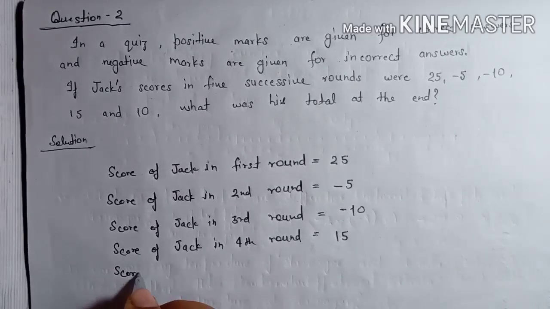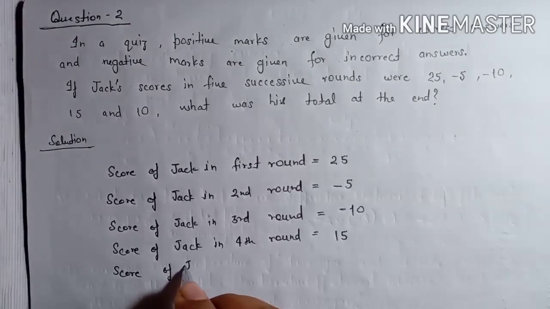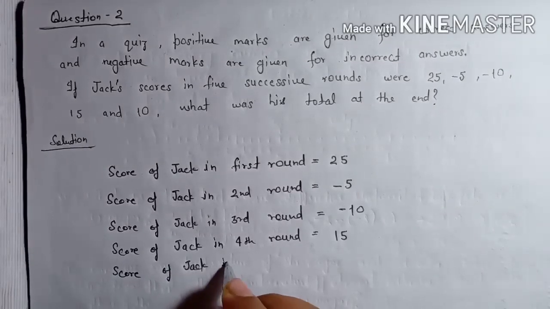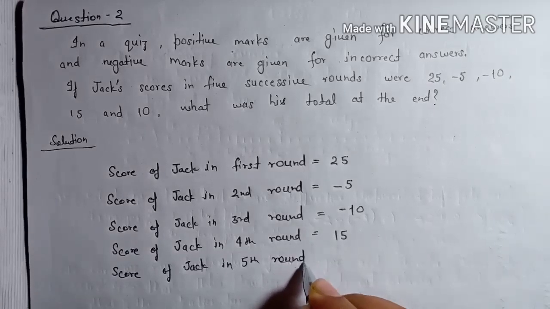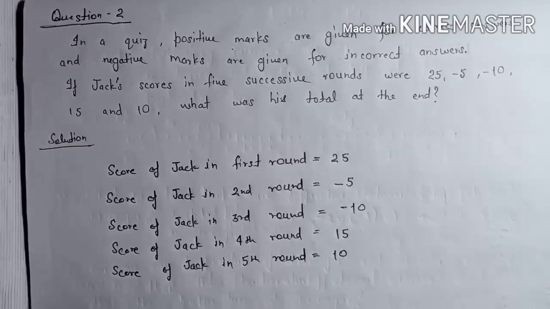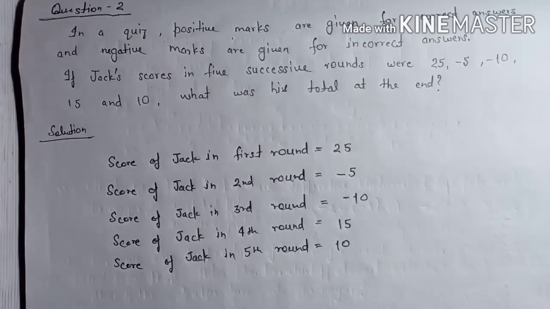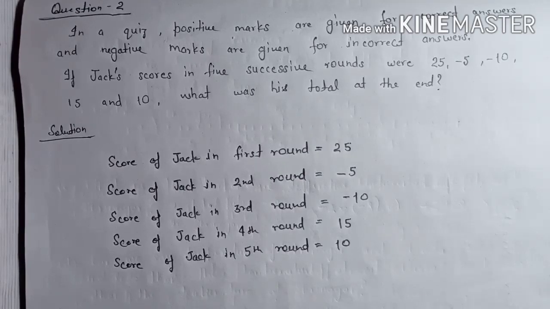And score of Jack in the last or the fifth round is 10. So the question is, what was his total at the end?